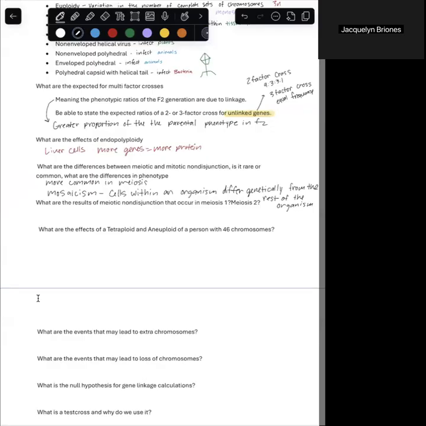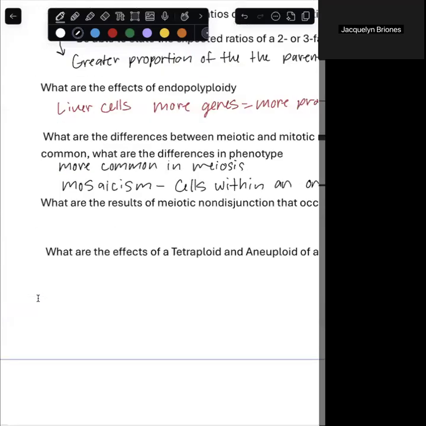Okay, what are the results of meiotic non-disjunction that occur in meiosis 1 and meiosis 2?